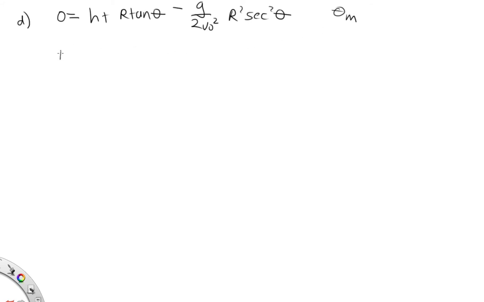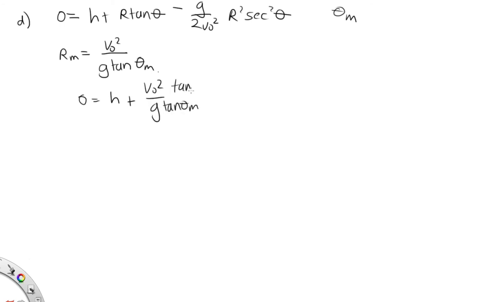So we're given that R_M is equal to v₀² over g tan θ_M. Okay, and we're told to substitute for R. So 0 is equal to H plus v₀² over g tan θ_M times tan θ, and then this will be θ_M for the maximum range, minus g over 2v₀².